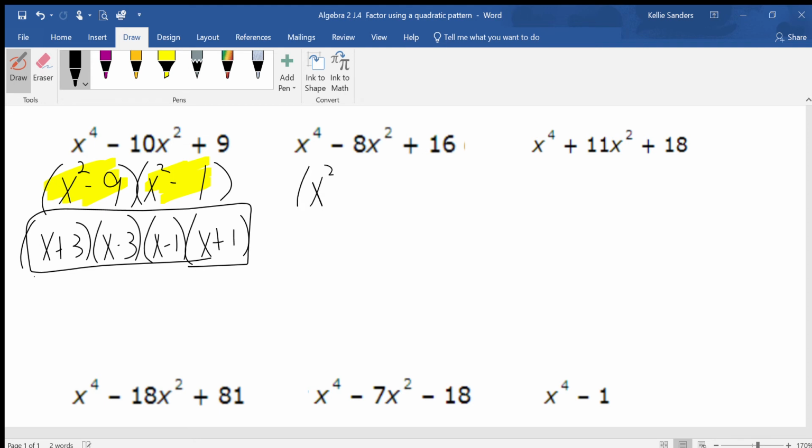Okay, x squared minus, okay, 4 and 4. Is this the difference of squares? Yes. Is this the difference of squares? Yes. There's a couple ways that I could go about explaining what's happening on this, but I will just keep on rocking and rolling.